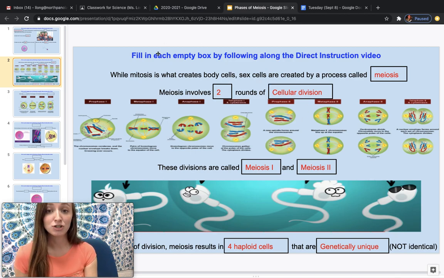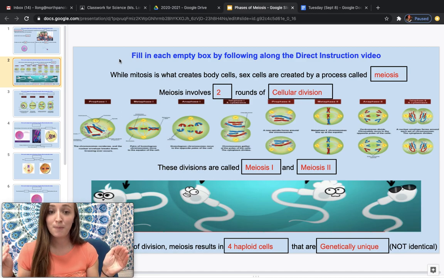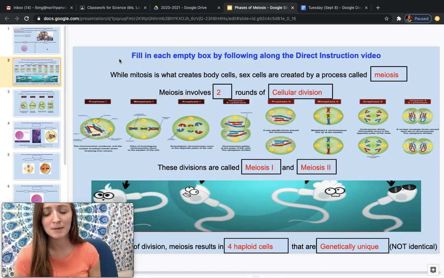Instead of mitosis, which makes the body cells, those gametes are made by meiosis. Meiosis is a lot like mitosis, except it goes through 2 rounds of cellular division instead of just 1. We separate these 2 rounds by just putting a number after them, meiosis 1 and meiosis 2. That's pretty easy.